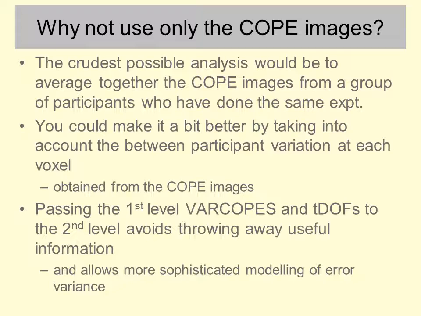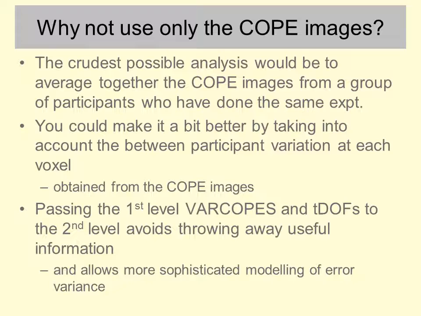However, that ignores the fact that back at the first level, participant 1 had a very consistent pattern of activation, whereas participant 2 could have had a quite inconsistent pattern of activation. So participant 2 sometimes had, on a block by block basis, activation for words much higher than non-words at our voxel of interest. Other times it was only a bit higher, or it was actually lower.